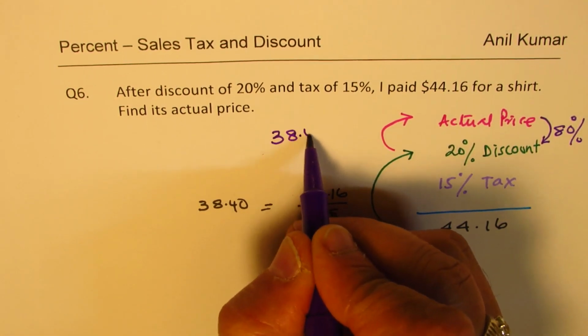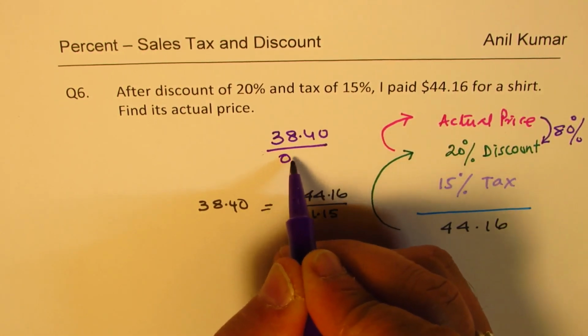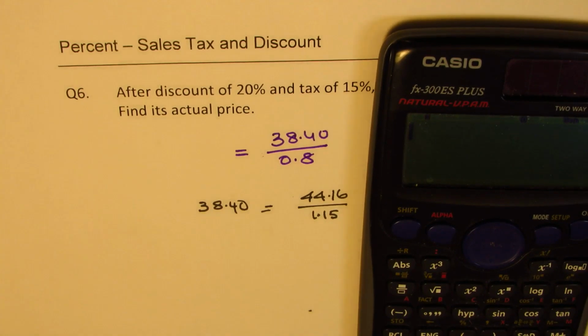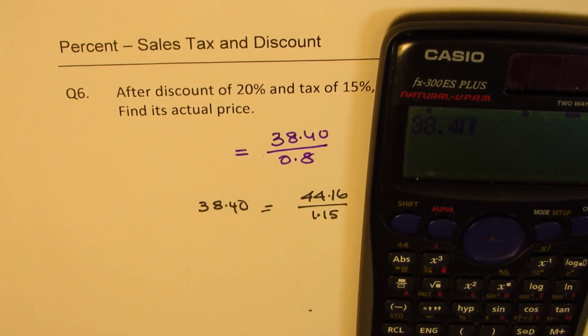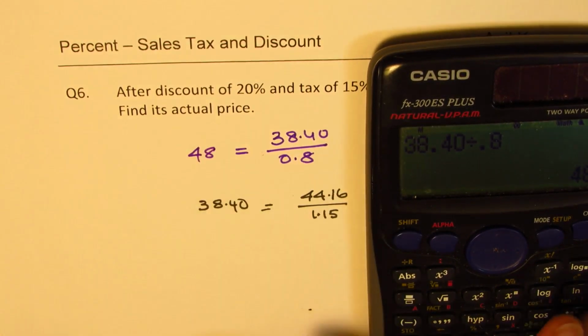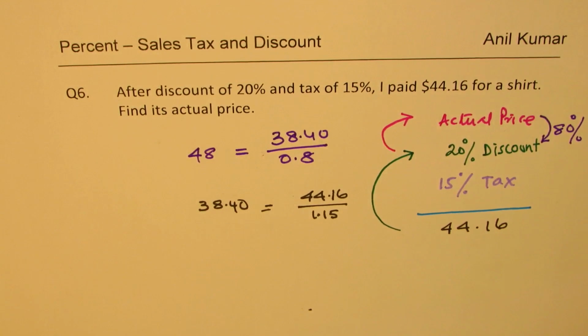So you take 38.40 and divide by 0.8 to get your answer. Does that make sense to you, right? So then you get the actual price. 38.40 divided by 0.8 gives you 48. So $48 becomes the actual price.